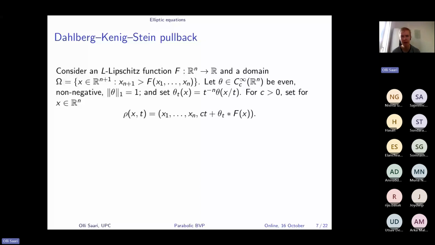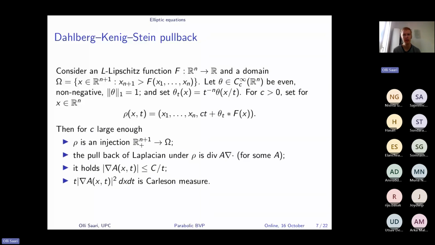And now you see that when f is a Lipschitz function and we send t to 0, the last coordinate converges to f(x). So this at least fixes the boundary to the boundary of the upper half space. But now if you choose this constant c very large, you can compute and find out that this rho is a bijection from the upper half space to the domain. So it is a good coordinate change.